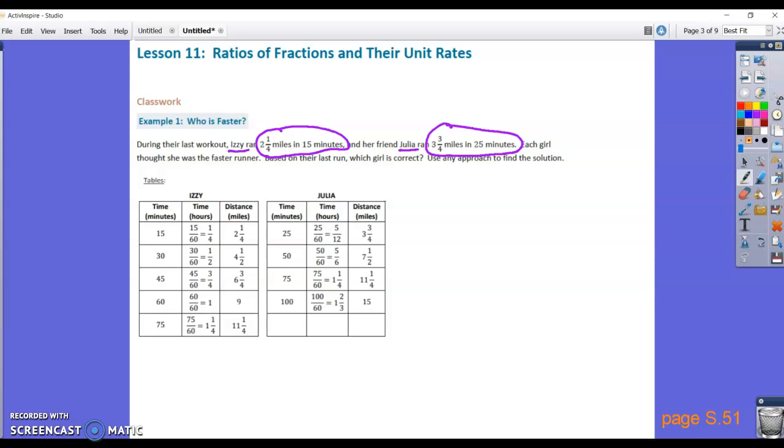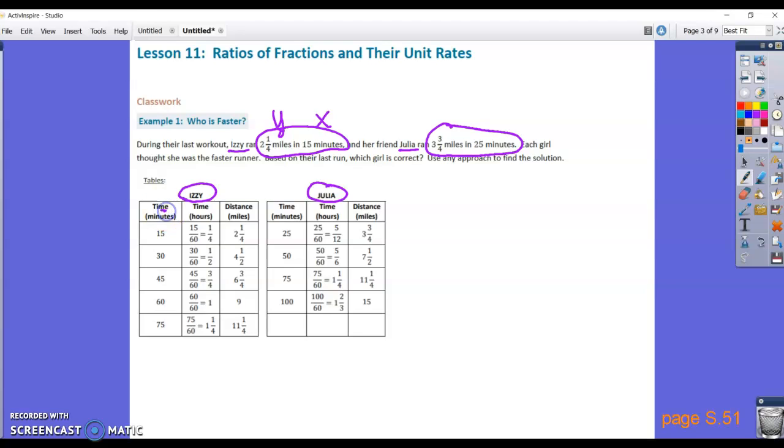So one of the solutions that you could have used is you could have set up a table. So we have both girls, Izzy and Julia. In Izzy's, it said for 15 minutes she's going to run 2 1/4 miles. So we know the miles is dependent on our time, and so we have time in minutes.